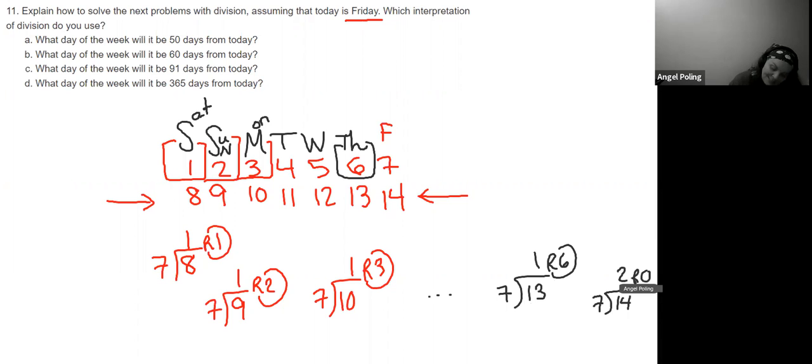So to get back to Friday, that's actually our starting point of remainder 0. So you can start the drawing on a Friday and then count forward with your remainders. But I am just going to leave it how we have it sitting.